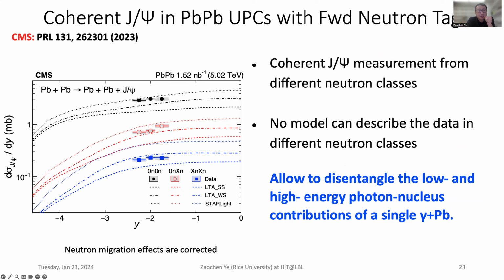So again, no single model can describe the data from different neutron classes. And the most important thing for this measurement is to disentangle the low energy and the high energy photon-nuclear contributions of single gamma-lead interactions for each given rapidity.